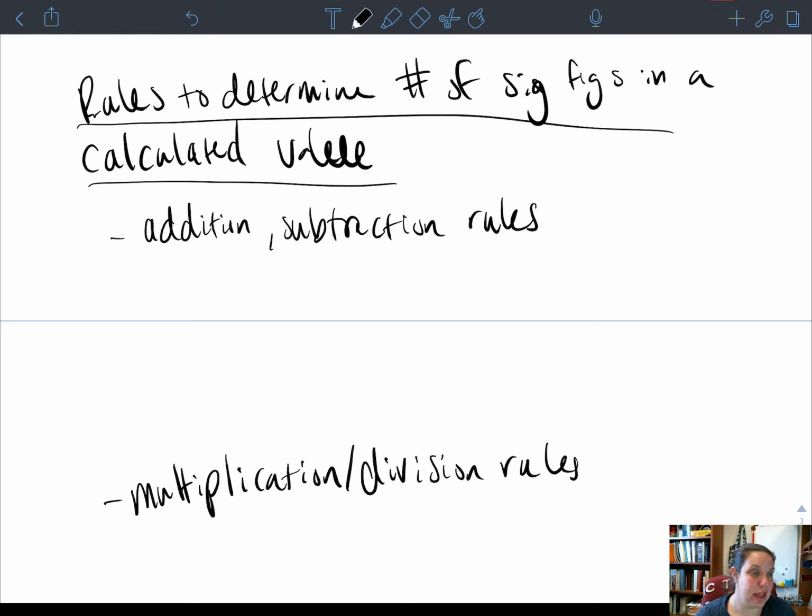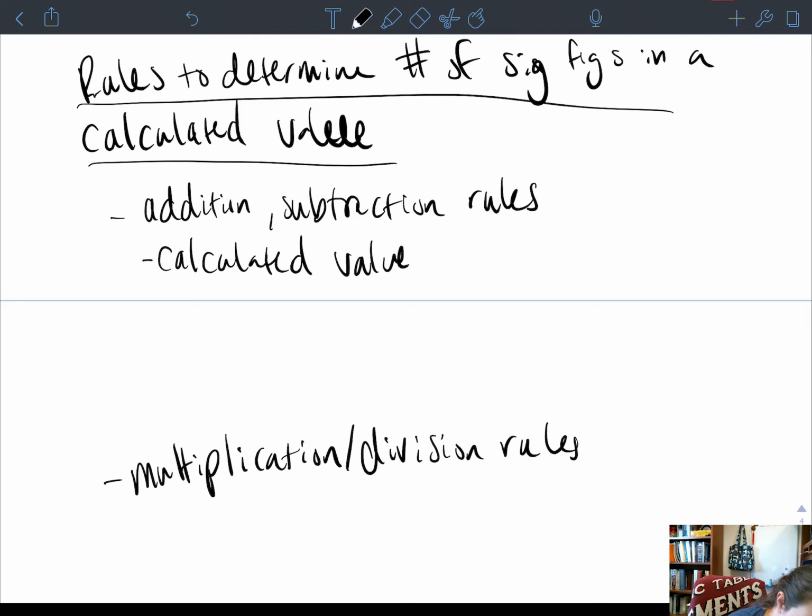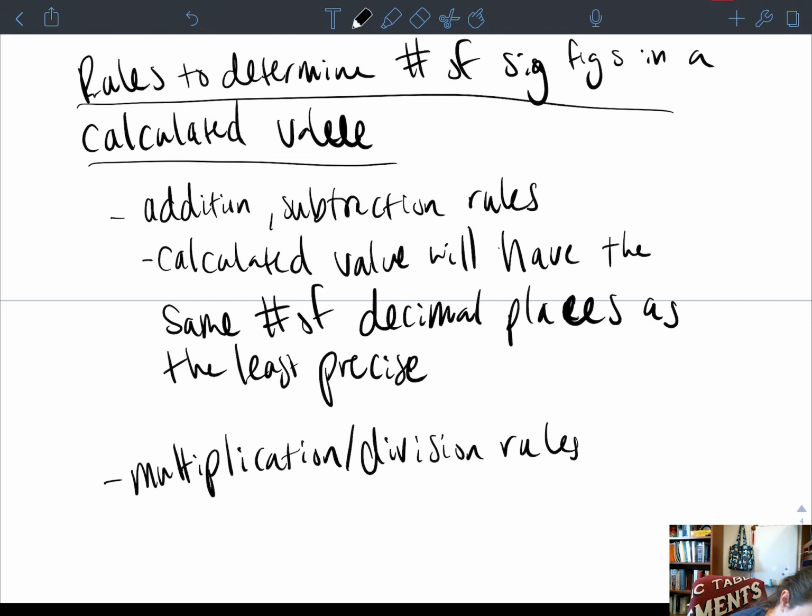So if we have addition or subtraction, the calculated value will have the same number of decimal places as the least precise value.